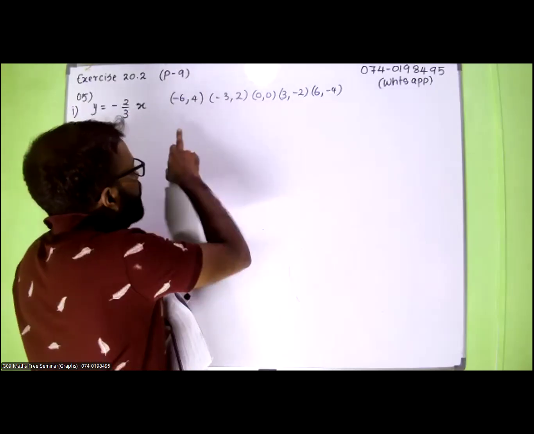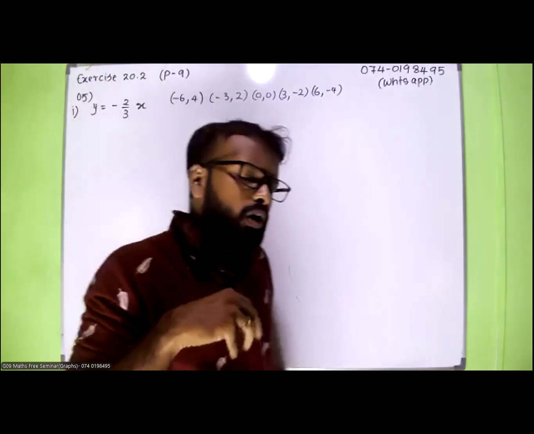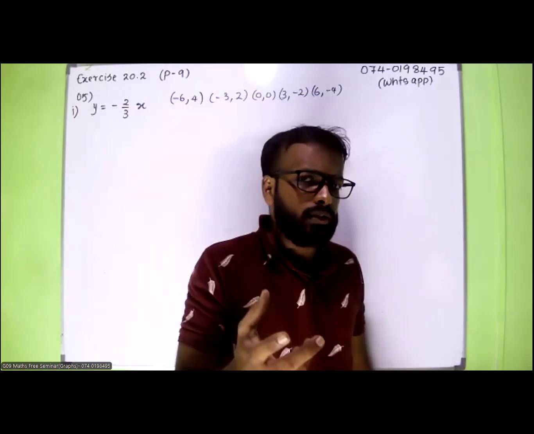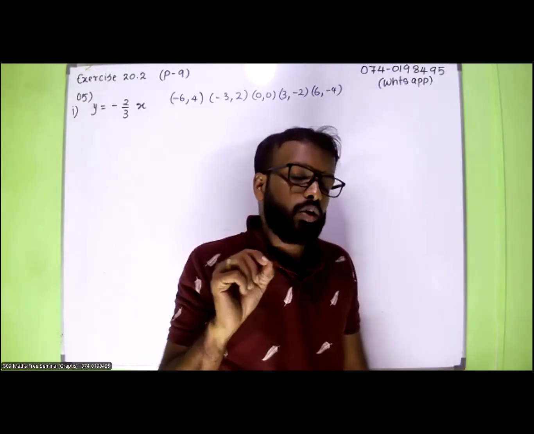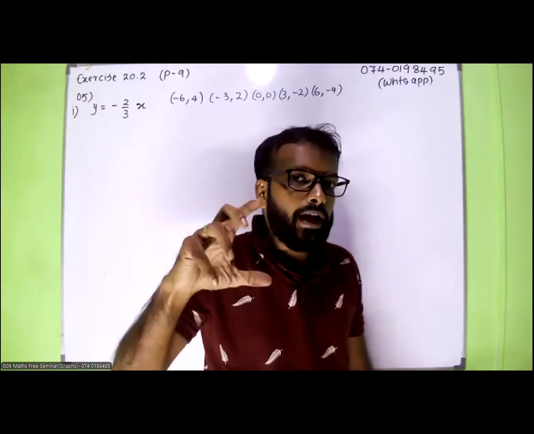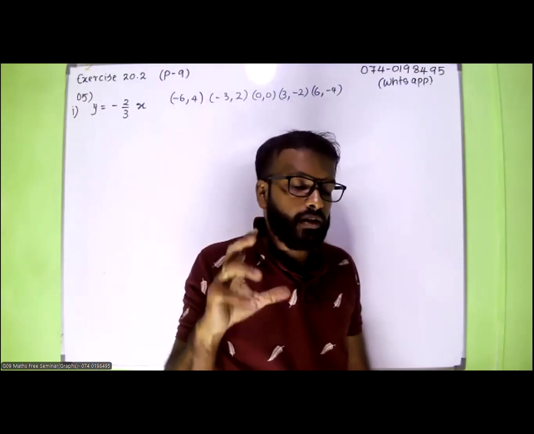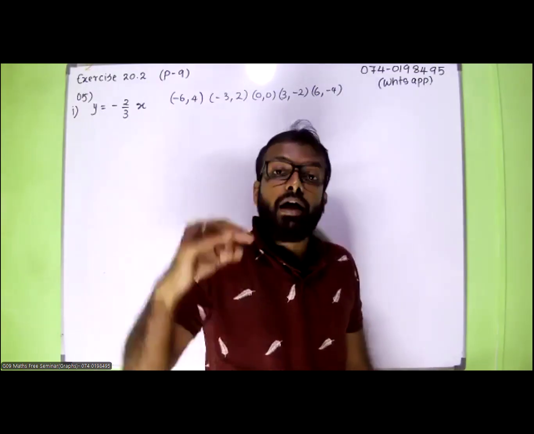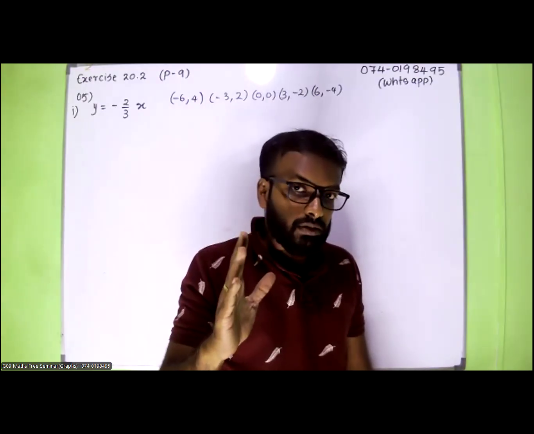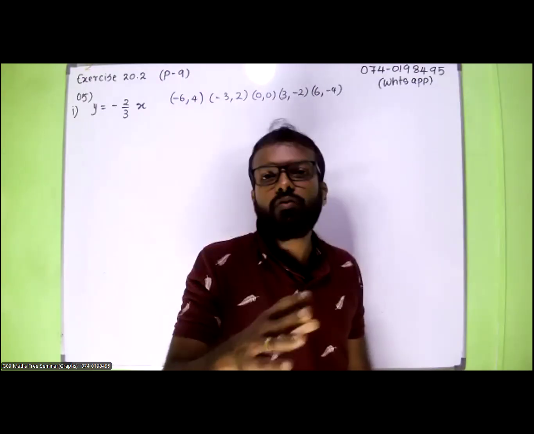Now, first of all, before you draw a Cartesian plane, you need to make sure that you have a complete idea about the range of the y-axis and the range of the x-axis.